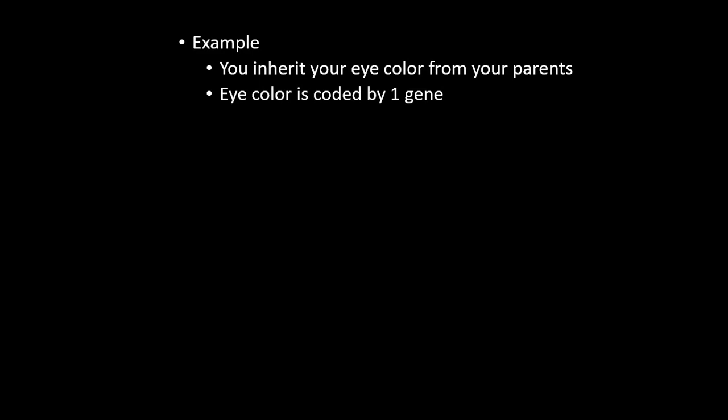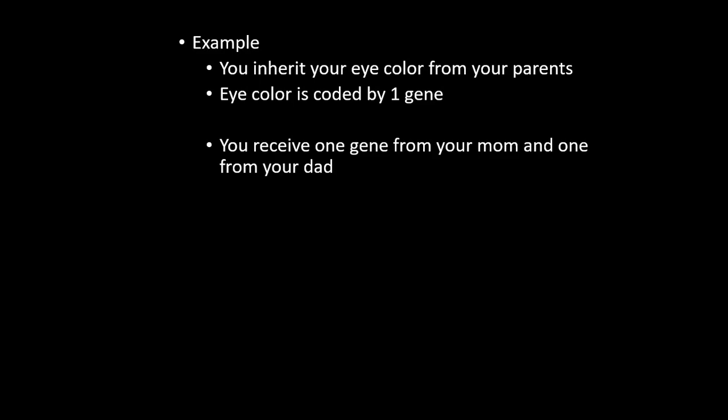And remember, those genes are made up of a long sequence of A's, T's, C's, and G's. You receive one gene from your mom and one gene from your dad. You get your gene from your mom from her egg, and you get the one gene from your dad from his sperm, and then remember they fertilize and create that very first cell called a zygote.